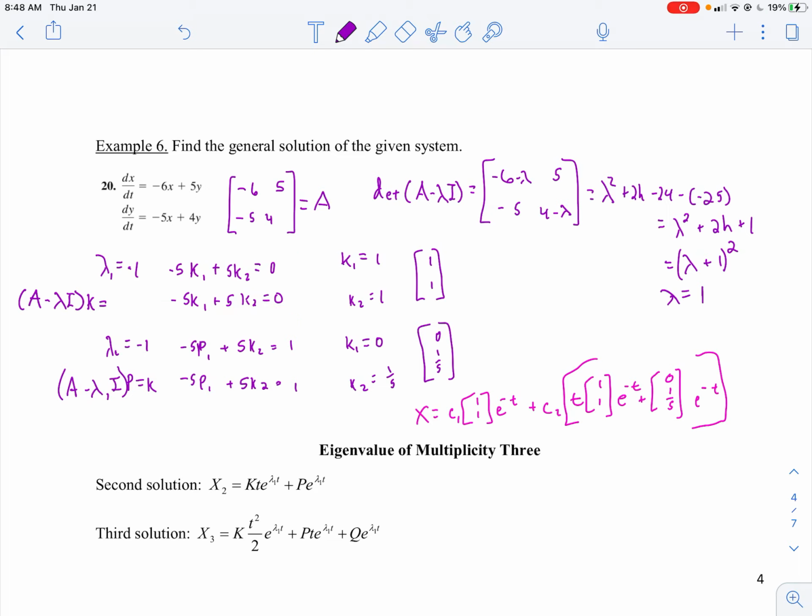Notice those are the exact same, so k sub 1 is going to equal k sub 2, and so we can choose k sub 1 equal to 1, k sub 2 equal to 1. But they're always going to have to equal each other, so that's why it's the same case, because they're always going to be the same.